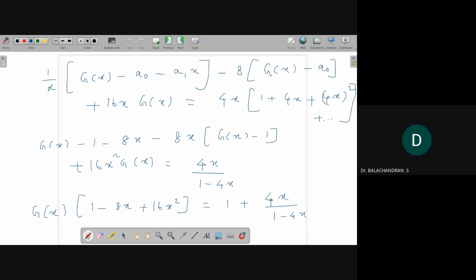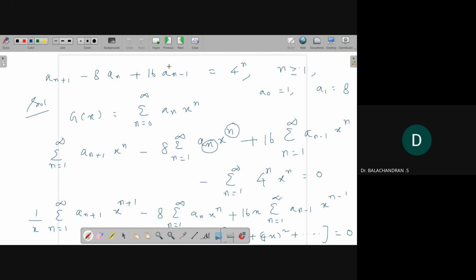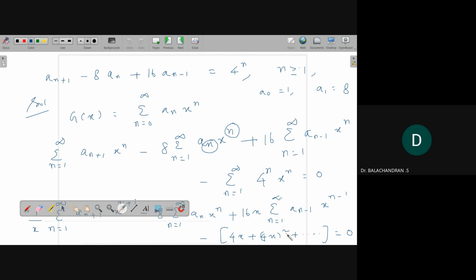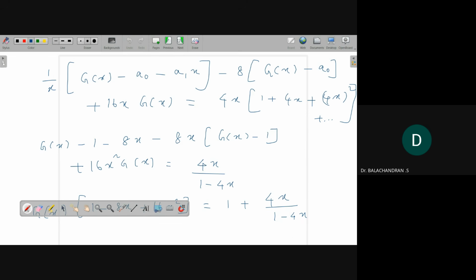I think I made a mistake here, because throughout multiply by x means here also. Yes, I took 4x common, so throughout multiply by what? I took 4x common, throughout multiply by x means here 4x square.